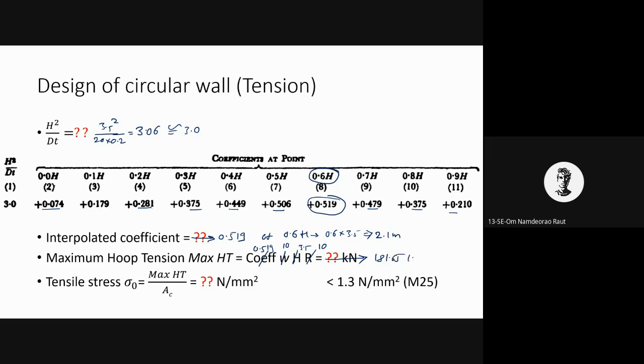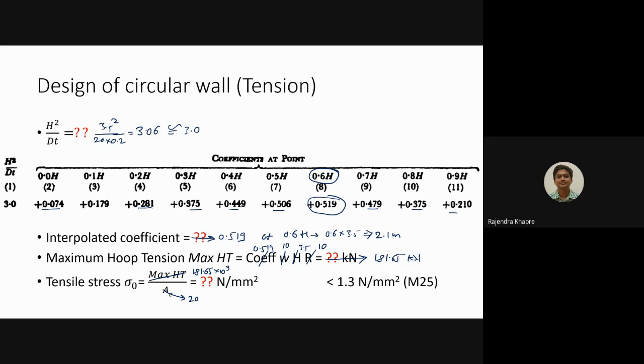Okay, someone please cross check. Yes, sir. Good. So now this is the maximum hoop tension, and we have to see the axial stress now. So the axial stress is 181.65 into 10 to the power 3, because I am converting this into Newton, divided by the area of the concrete.